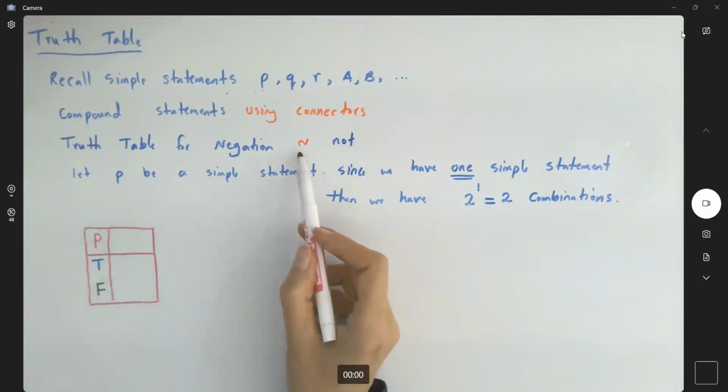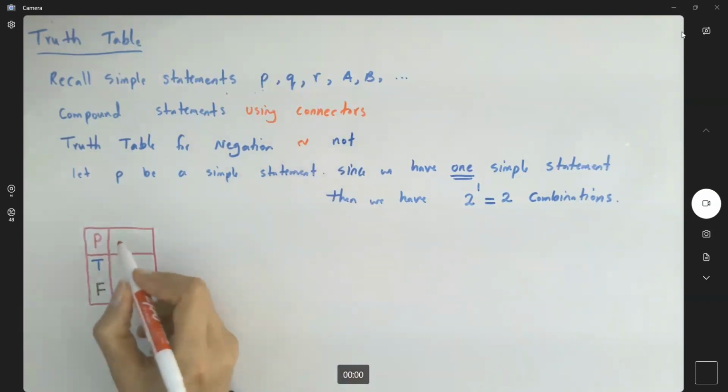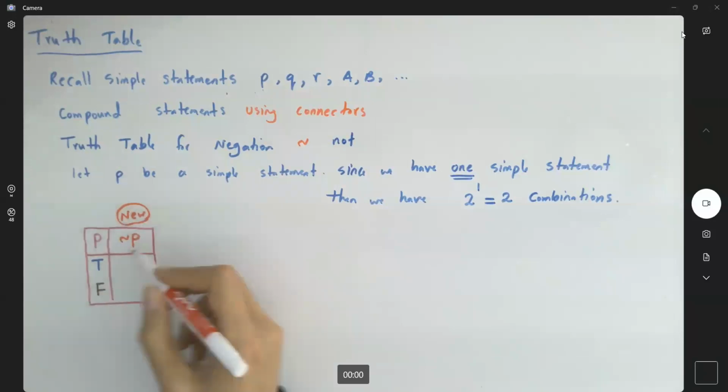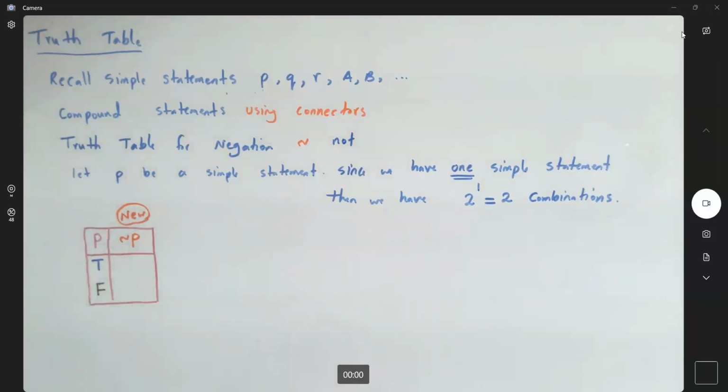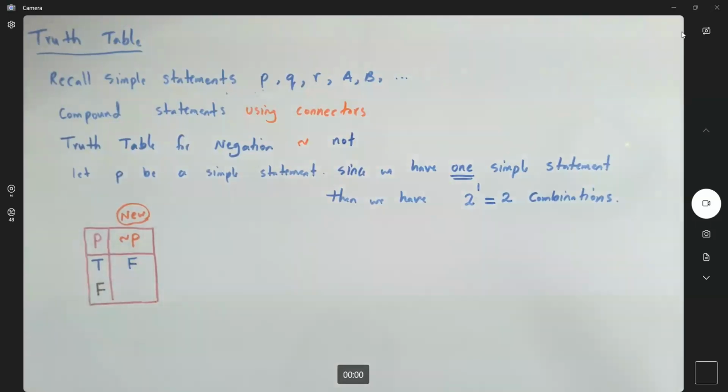Not P is going to be your second column. This is new. This is your new column. Take a look at the value of P. If P is true, not P is false. Very good.